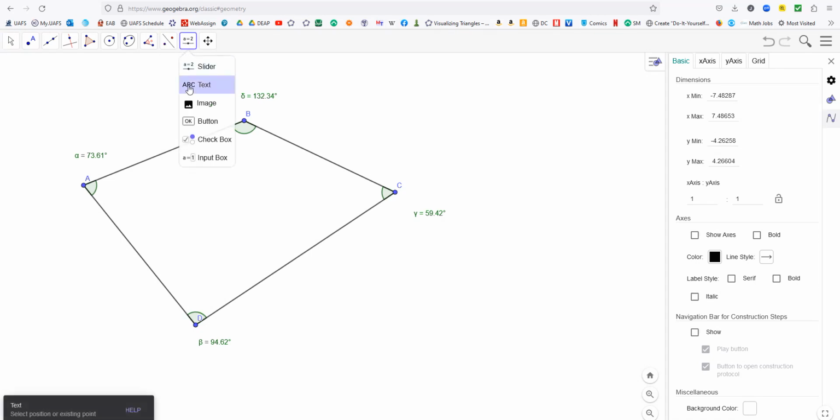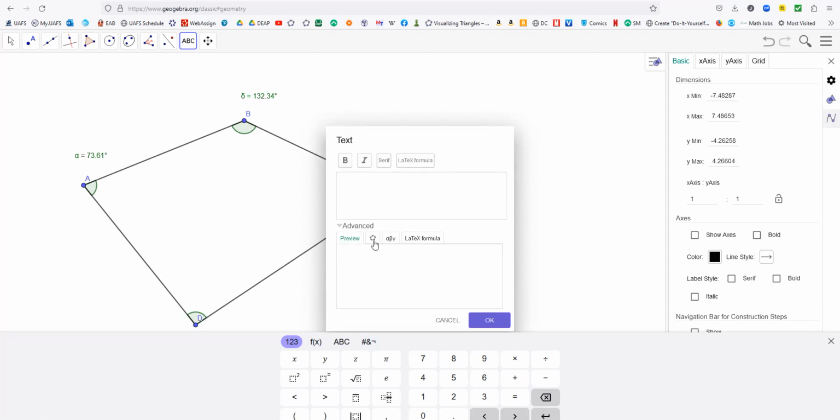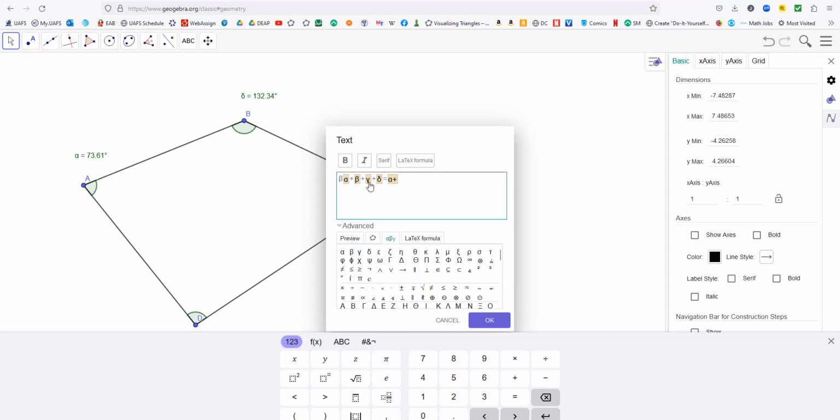Here's a way we could do that. Let's just go ahead and do a text here, and let's just say we've got angle alpha plus angle beta plus angle gamma plus angle delta, and it equals, and alpha, but let's say I want to go here, plus beta, oops.